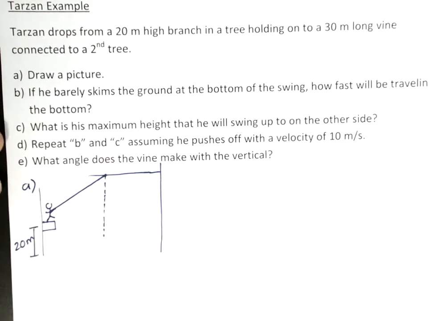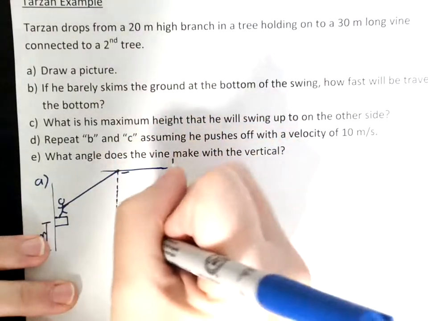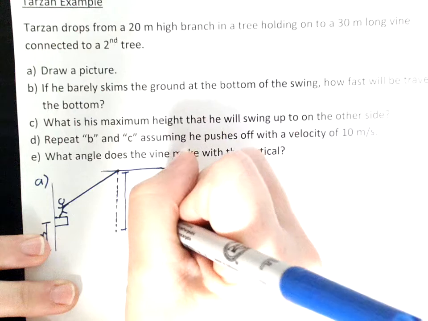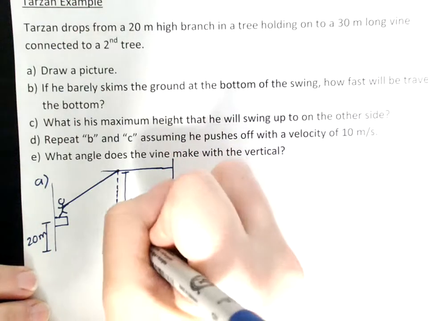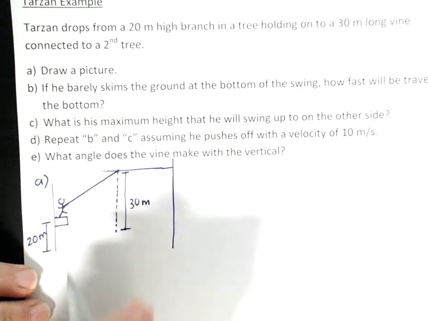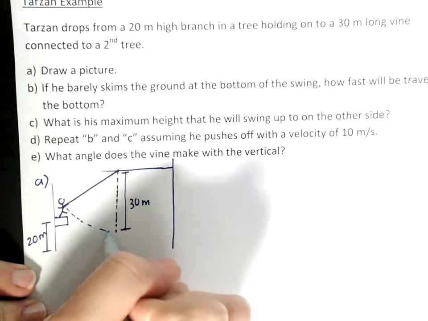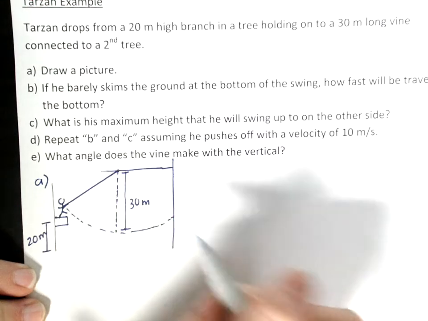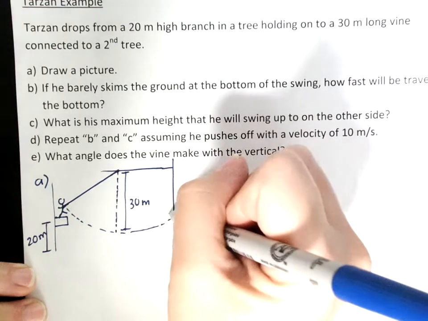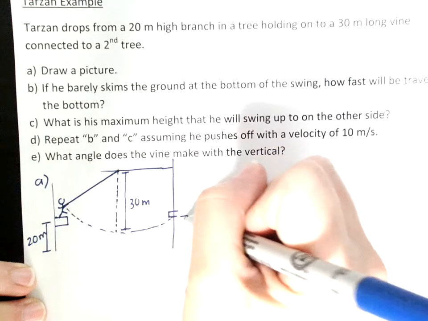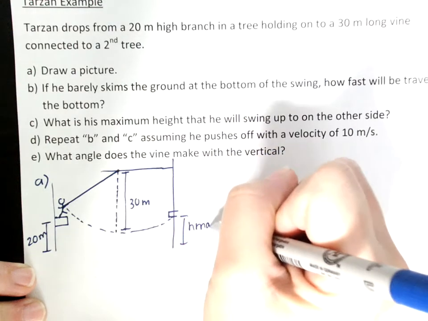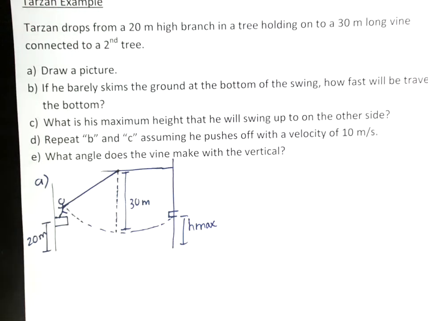So we know that this is also 30 meters, sorry. And it's going to make a path that looks something like this, where he's going to stop on this tree. We'll call this his H max. It's the maximum height he reaches.